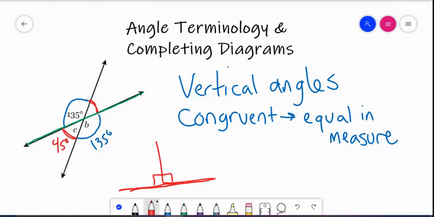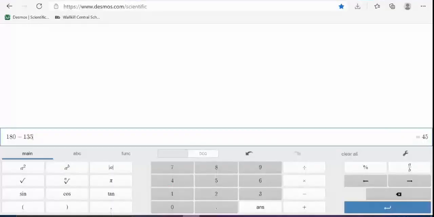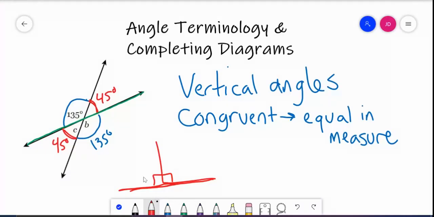That means this is also 45 since it's vertical. All these numbers added together should add up to a circle, which is 360. So let's add them all up and see if that's the case. We have 135 plus 45 plus 135 plus 45, and that is 360. So it does all add up.